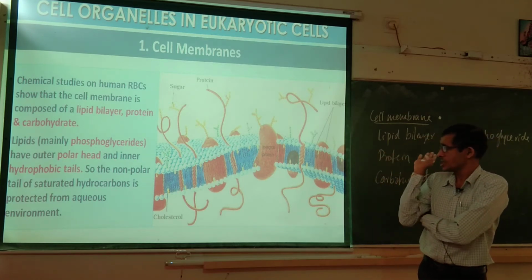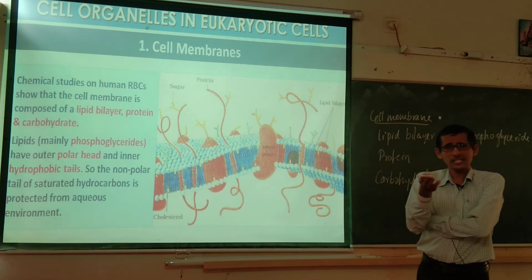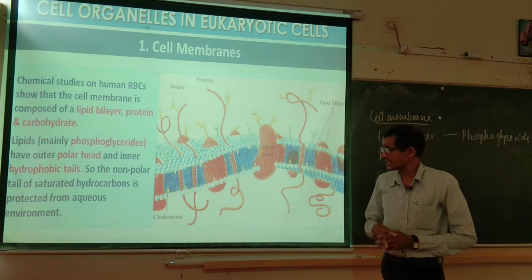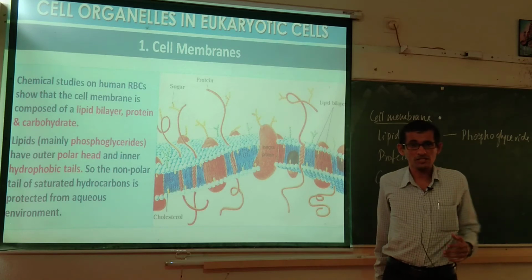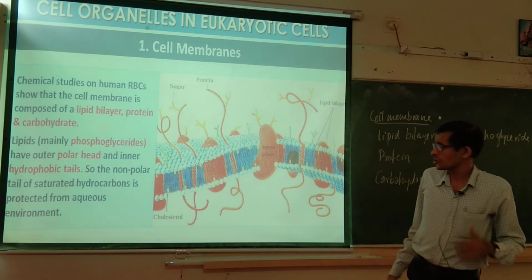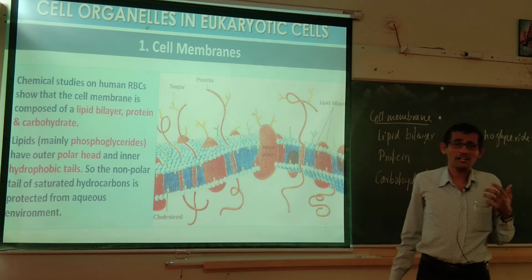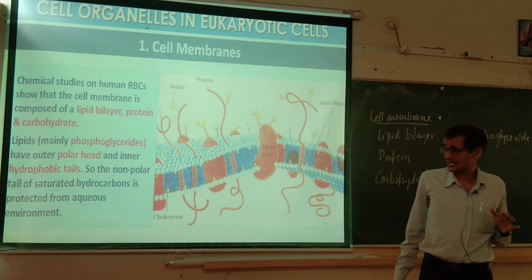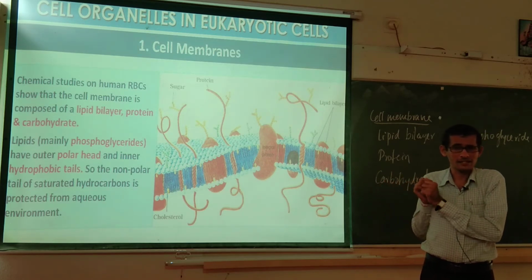That I will explain. So what is this phosphoglyceride? If you take the definition of lipid, it is made up of what? In the biomolecules chapter we are going to discuss that. It is made up of glycerol and fatty acid, which we call triester glycerides. So glycerol and fatty acid together make a lipid.